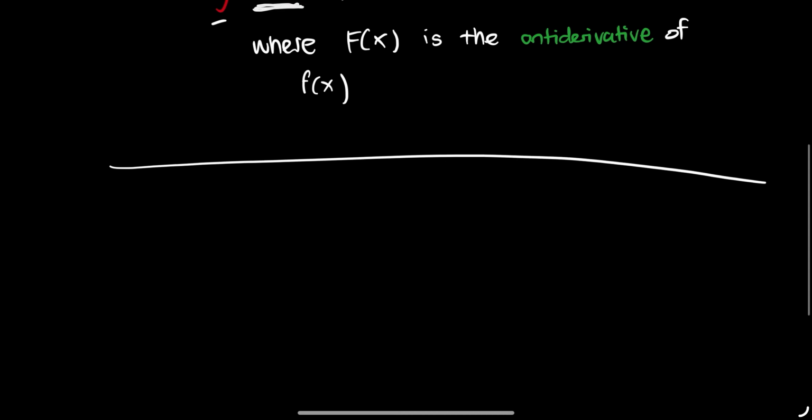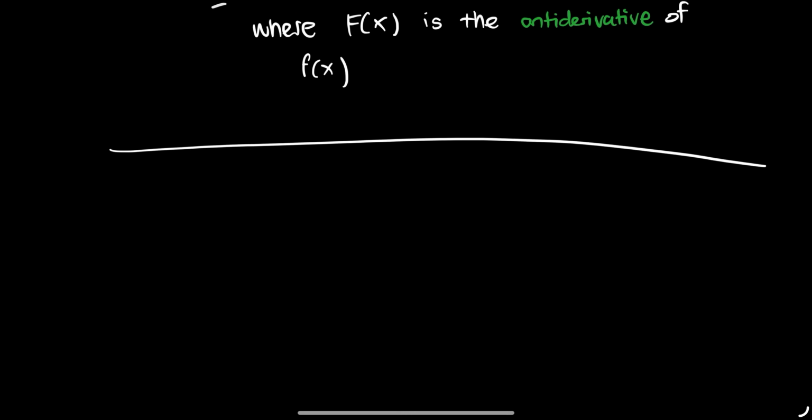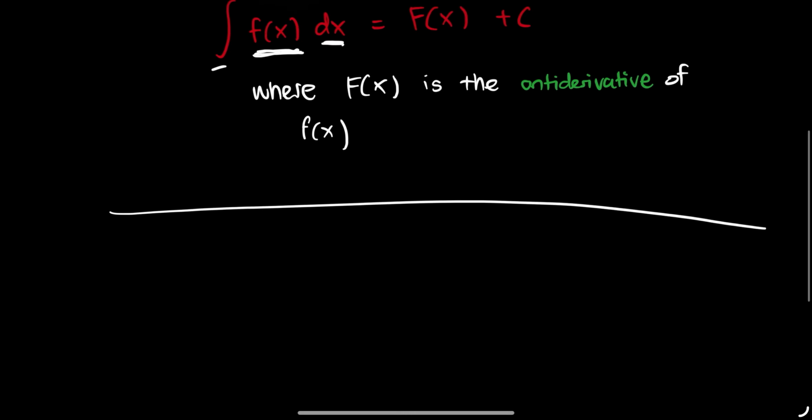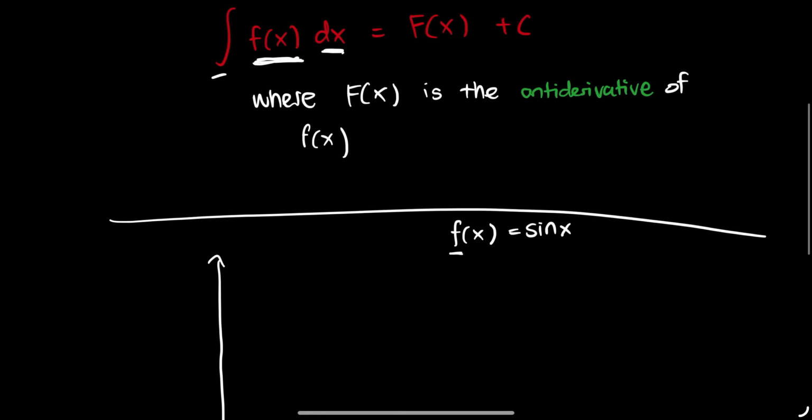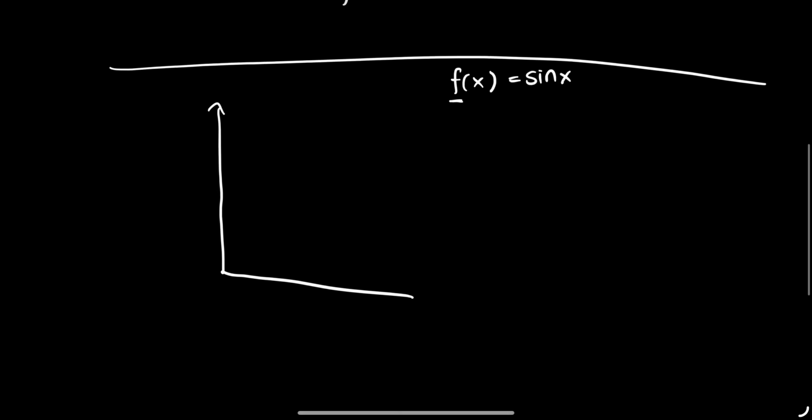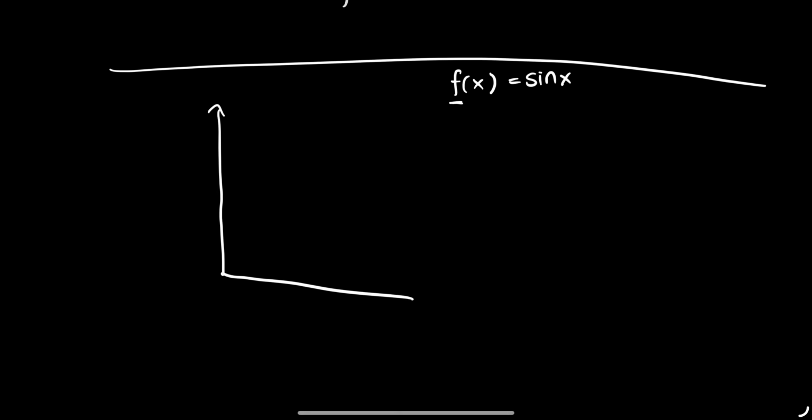So now, let's see. We know that the integral of f x dx is capital F x plus c. So now let's say I give you a good old function sine x, okay? Let's say f x equals sine x. Keep in mind this is small f x, okay? So this is what we're going to integrate. So now we can say it looks something like this, okay?